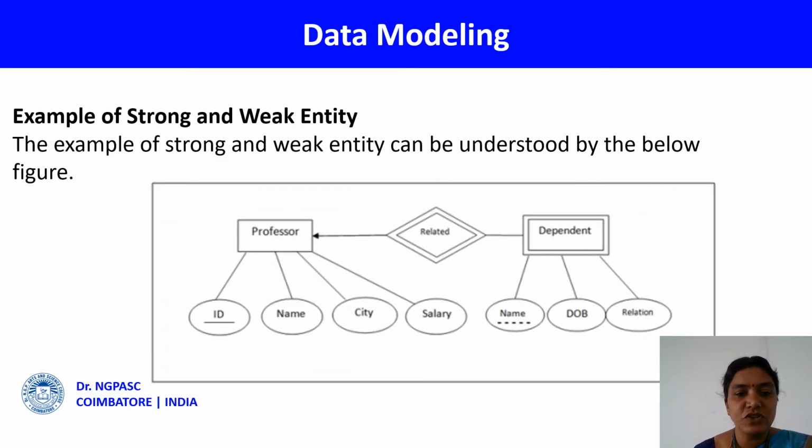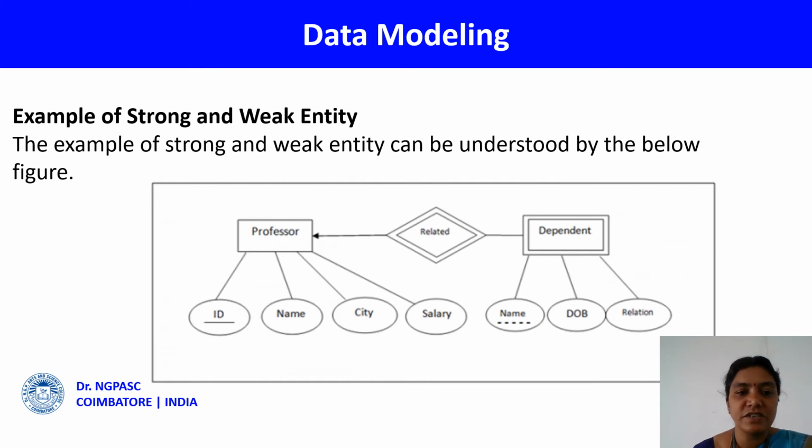So here this picture will give you the example of your strong and weak entity. As we have discussed before, here professor is my strong entity whereas dependent is my weak entity, and the relationship between the two entities is described with the help of the diamond symbol. So each professor will have dependent information such as name, date of birth and relation, etc. So here the strong and weak entities are related together.